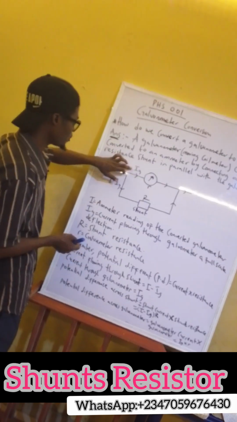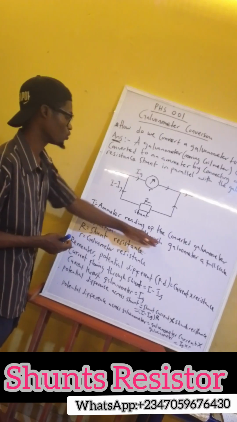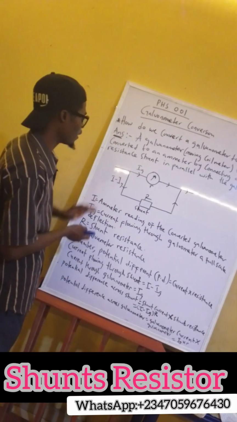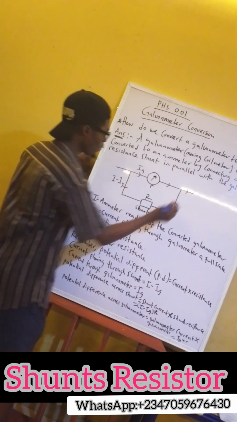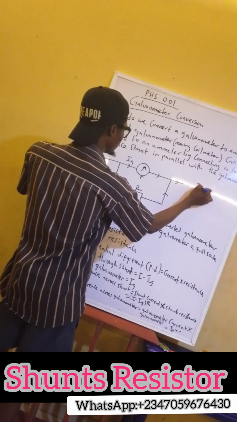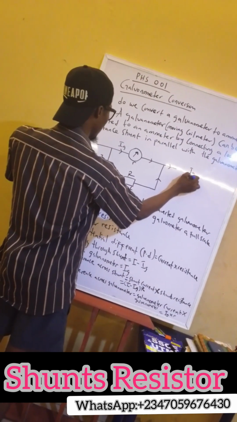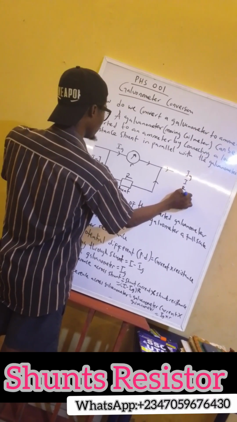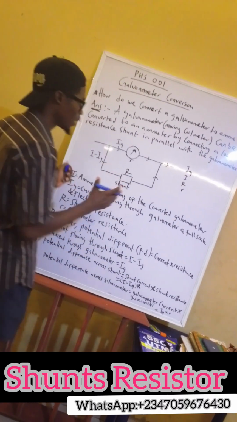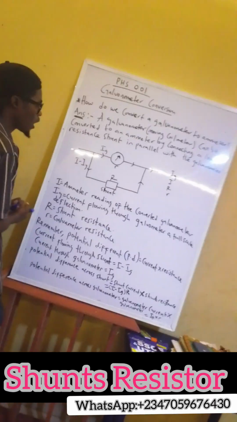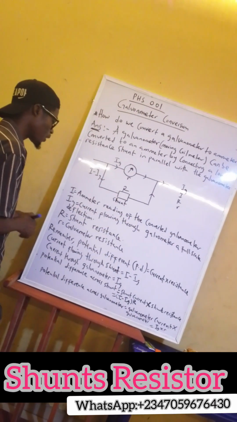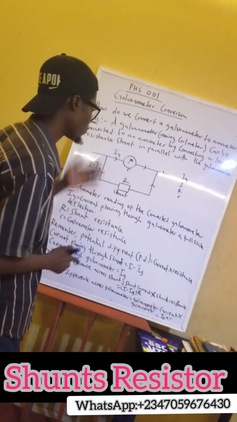So this IG represents the current flowing through the galvanometer at full scale deflection. We have the parameters in this diagram: the big R, the small r, IG and I. This one is the current flowing through the galvanometer at full scale.